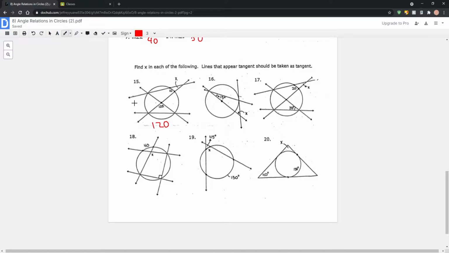This is going to be 60 because this is the diameter and each side will equal 180. So you have 60 and 10 for that. Using the secant-tangent inscribed angle theorem, 60 minus 10, 50 divided by 2 is 25, so x will equal 25.